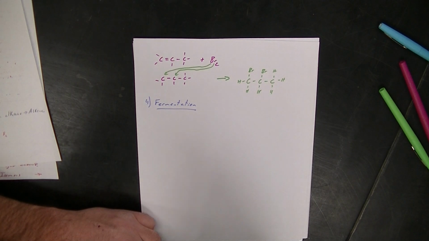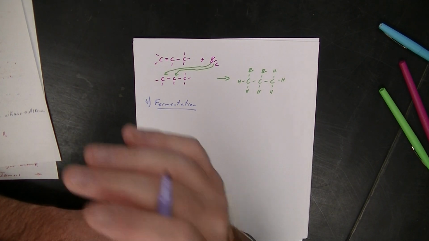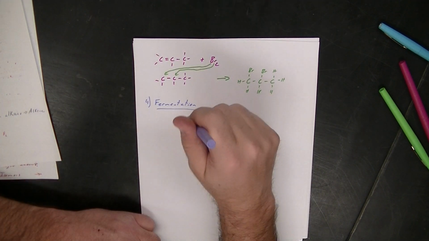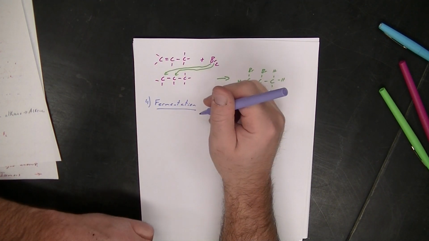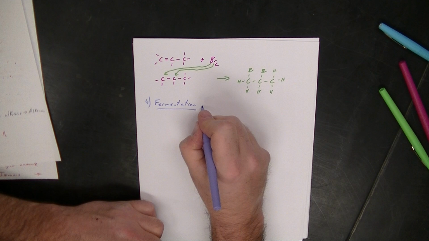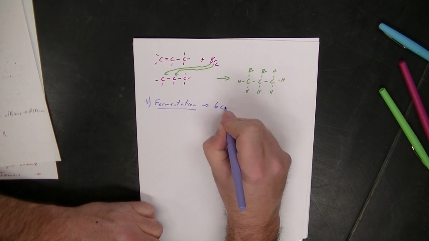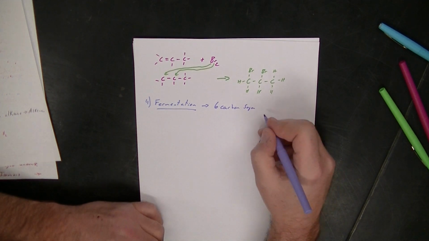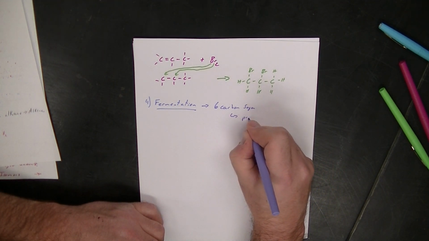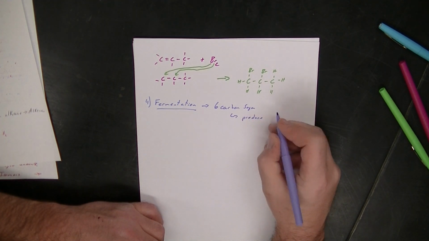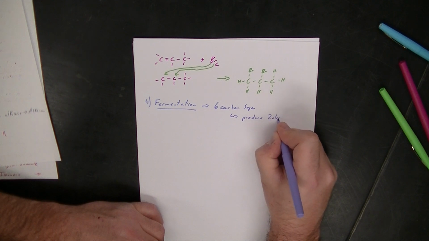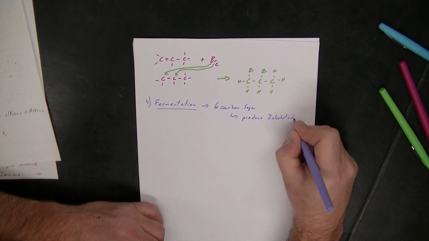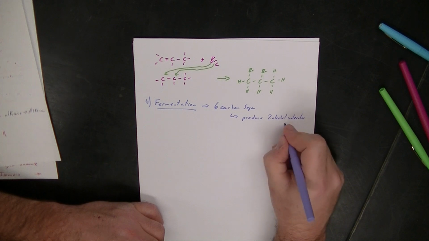This is how we make the alcohol in beer and wine and all our spirits like bourbon and vodka and all these. Okay, so it goes through a process called fermentation, and we're going to start with a 6-carbon sugar. And it will always produce 2 alcohol molecules and carbon dioxide.